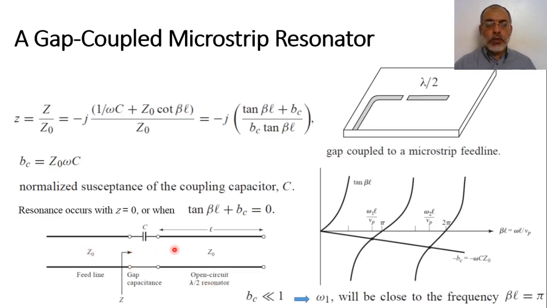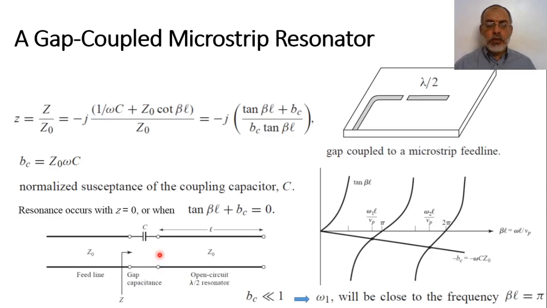The input impedance of this combination here, Z input, would be the input impedance of this capacitor in series with the input impedance of this resonator.